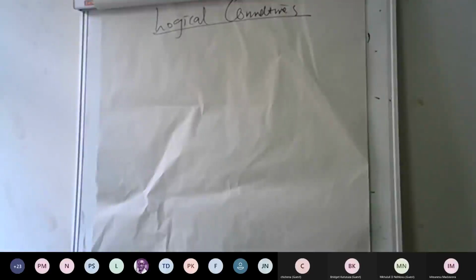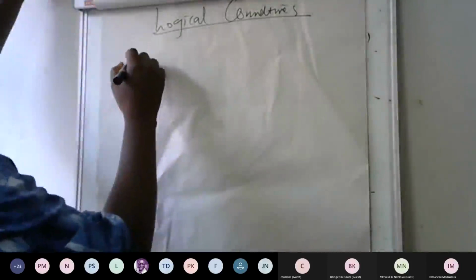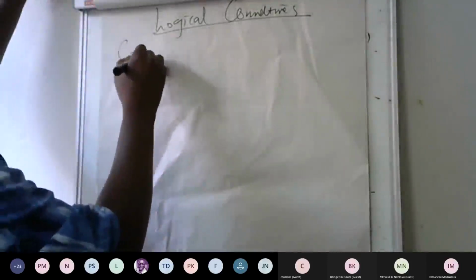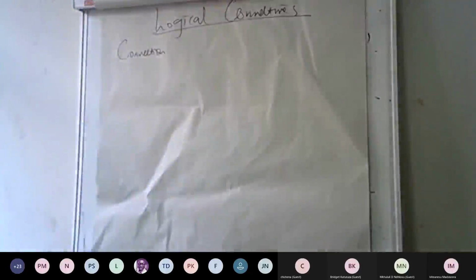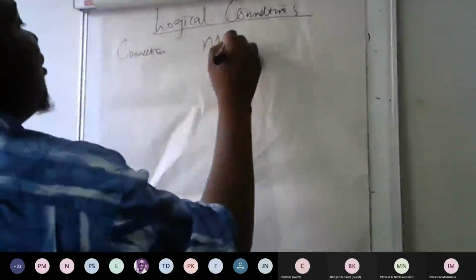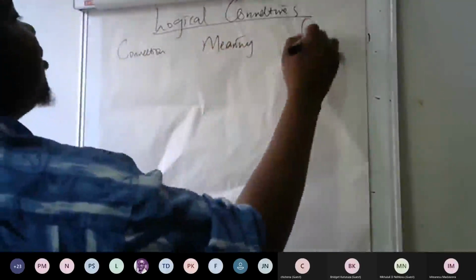We'll just come up with a small table: the connection, then I'll come with a meaning, then I'll come with a symbol.